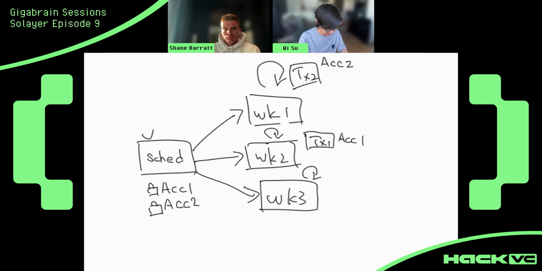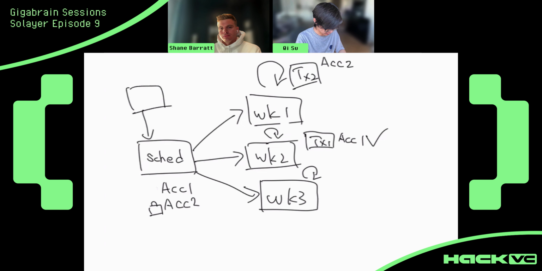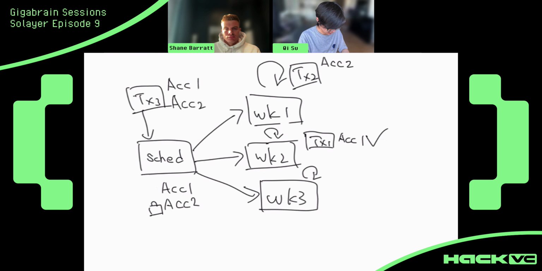When transaction 1 is done executing, we will unlock the access to account 1. And if another transaction comes through, say transaction 3, which wants access to both account 1 and account 2, there's no transaction in worker 2.